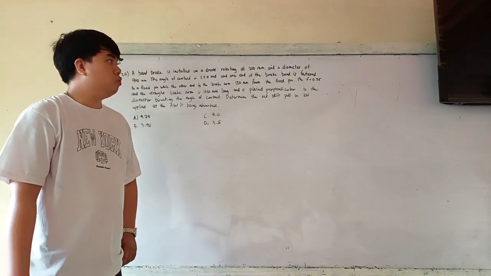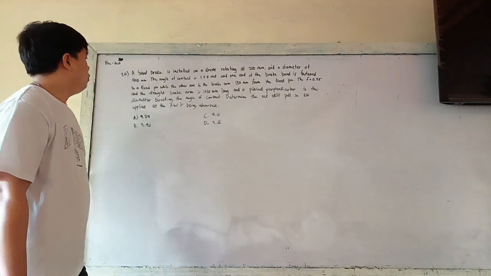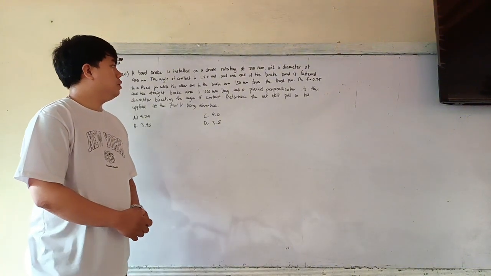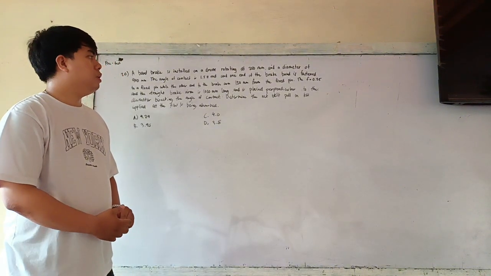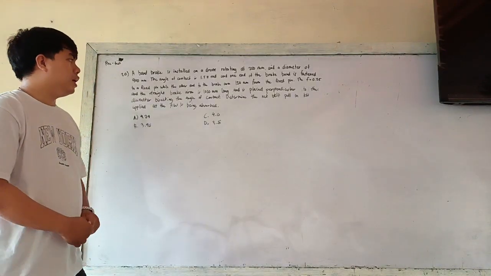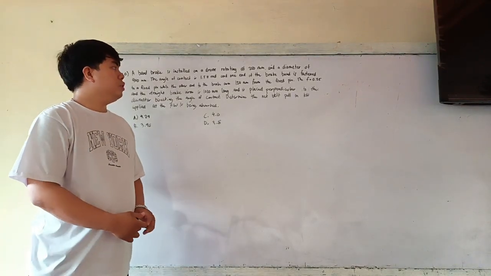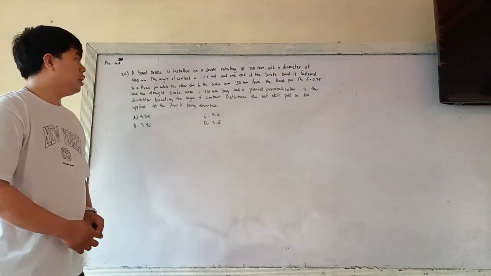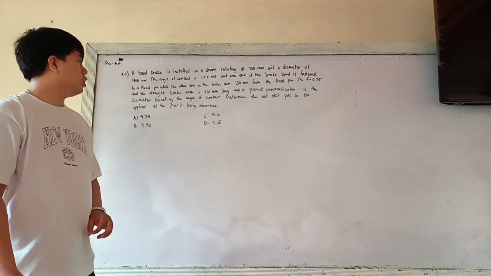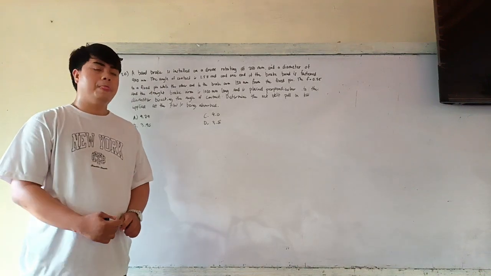The F is equal to 0.25 and the straight brake arm is 1000 mm long and is placed perpendicular to the diameter bisecting the angle of contact. Determine the net belt pull in kilonewton applied.